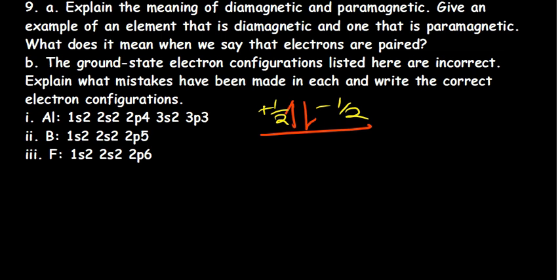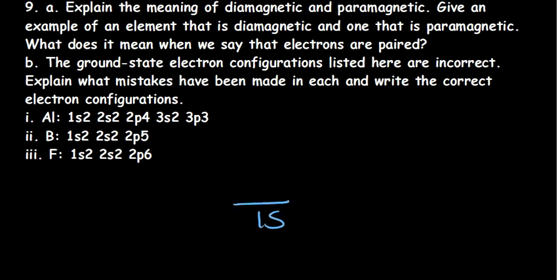Now the argument is, let me give an example of 1s, 2s, and then let's talk about 2p. In a case where you have electrons that are not paired, where there's only a single electron in a given orbital, that is said to be paramagnetic, meaning that electrons are not fully paired.